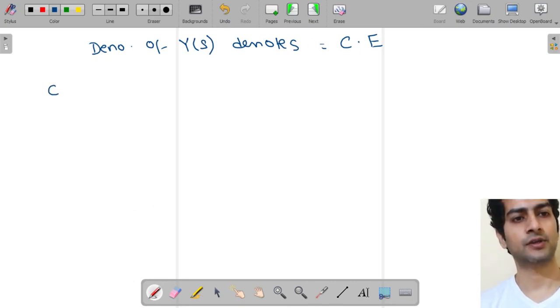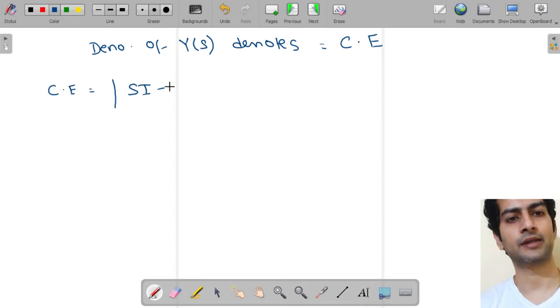So can we say that the characteristic equation is equal to mod of (sI minus A)?